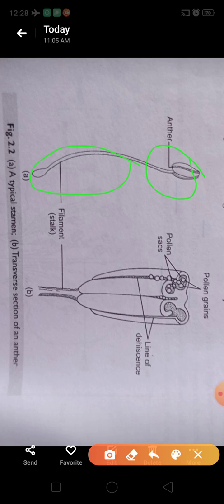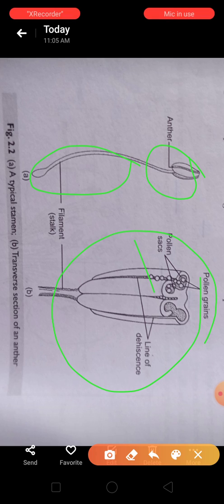If we see the structure of the anther, we can find the pollen grains in it. First of all, the pollen sacs are found there, and in the pollen sacs the pollen grains are present. These pollen grains contain the male gametes. I repeat once again, the stamen is the male reproductive organ.